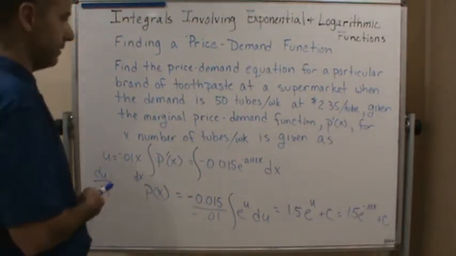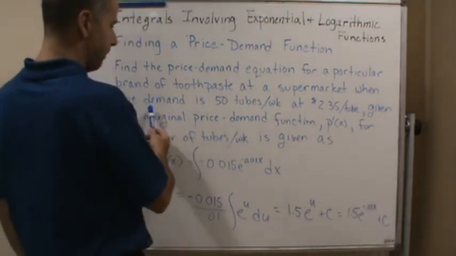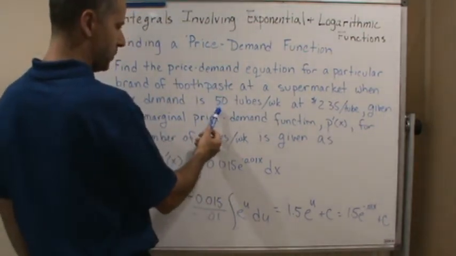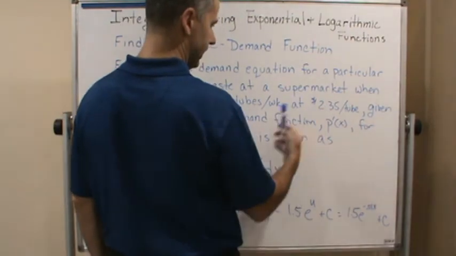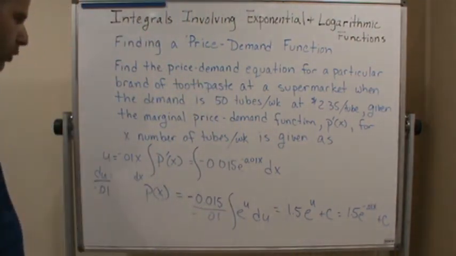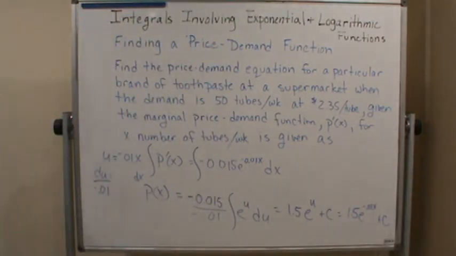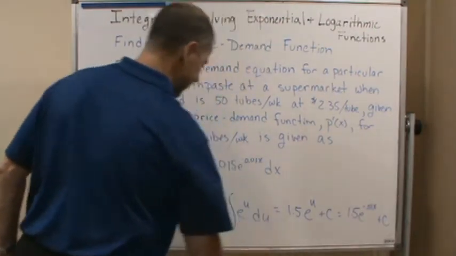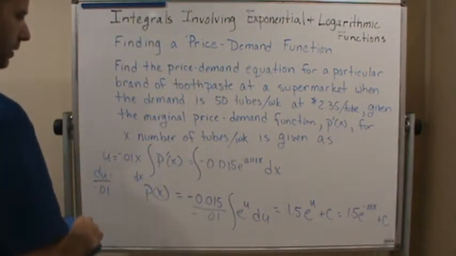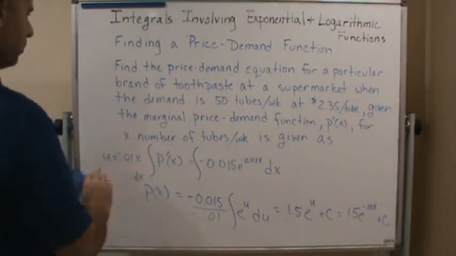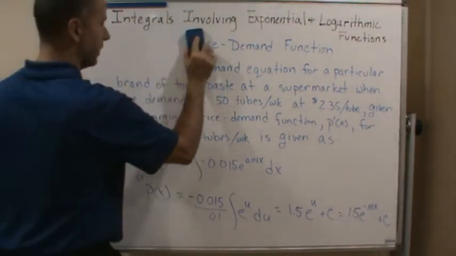Well, they tell us that the demand is 50 tubes per week when the price is $2.35 per tube. So we can use this equation now to solve for c. So x is 50 tubes, and p of x is $2.35.